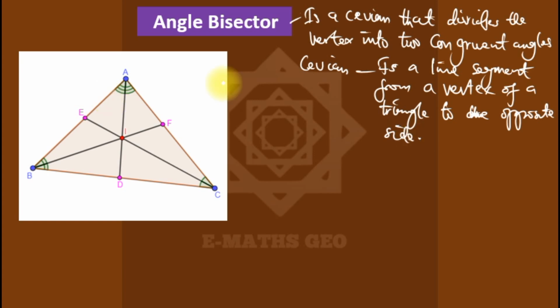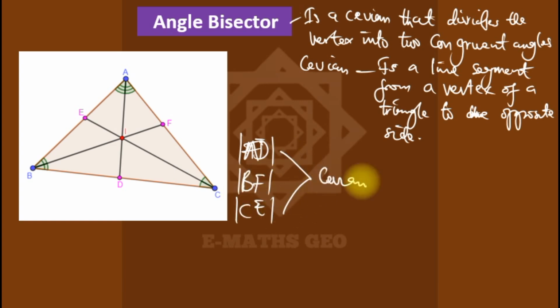As you can see, AD is a Cevian, BF is a Cevian, CE is a Cevian, and since they bisect the vertex angle, they are all called angle bisectors.